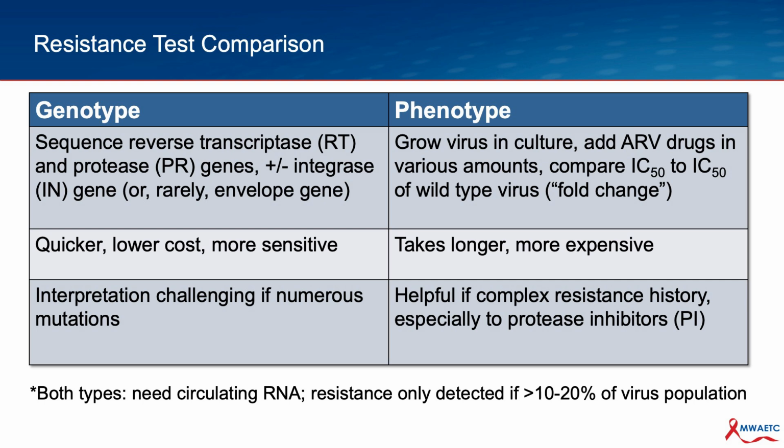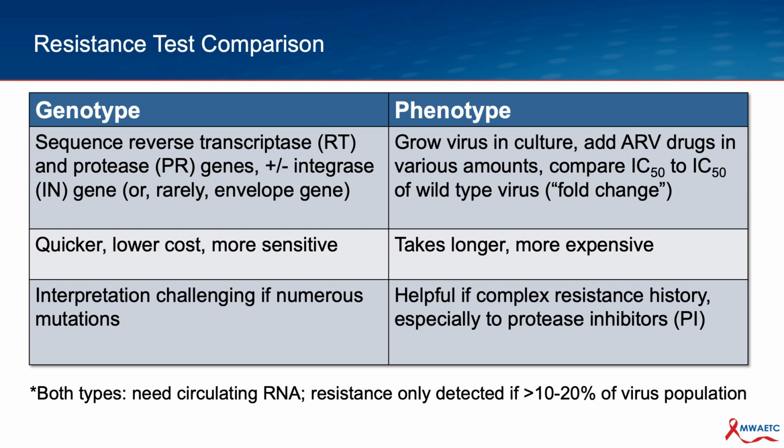So for a phenotype, the lab will take the patient's virus, amplify it, take the genes of interest, and actually splice them into a recombinant non-infectious lab virus and grow that virus in culture. Then they add the ARV drugs in various concentrations until growth is inhibited.